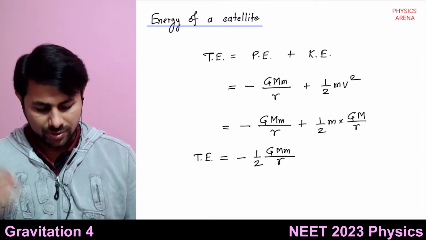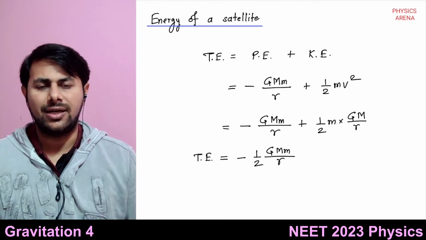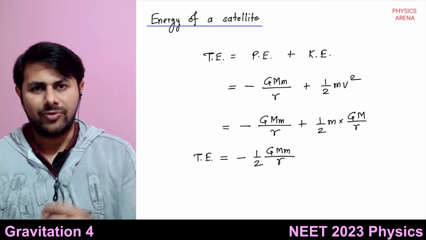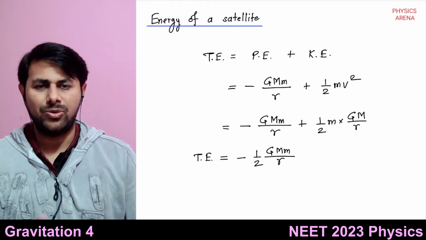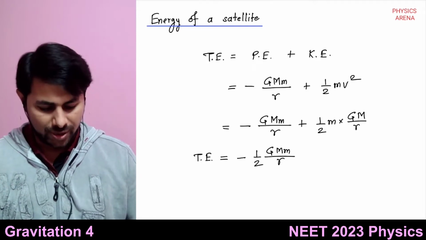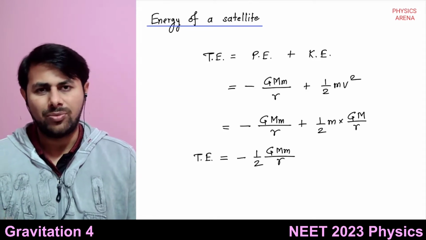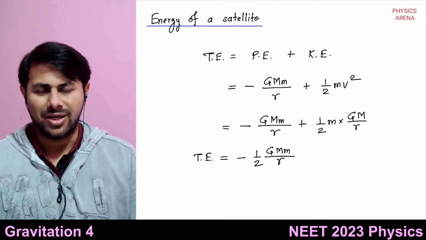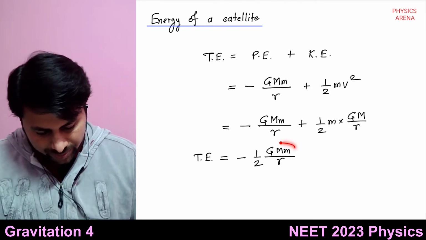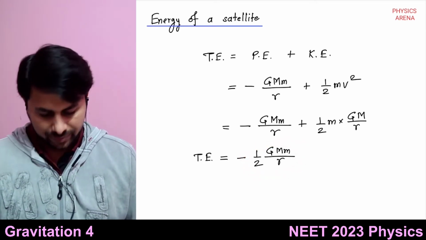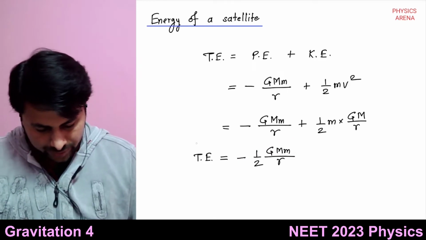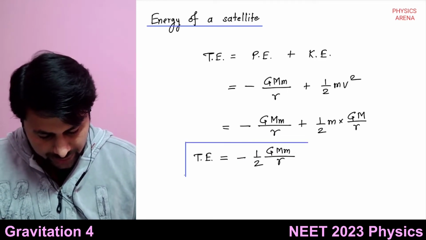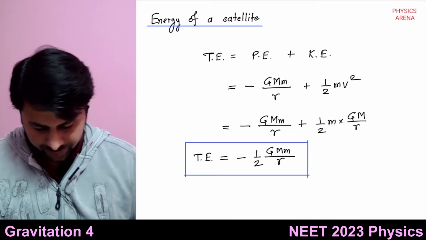This negative sign indicates that the satellite is bound with Earth. And if you want to make it free from Earth's gravitational influence, then you will have to provide that much energy. Okay, how much energy? This much energy.